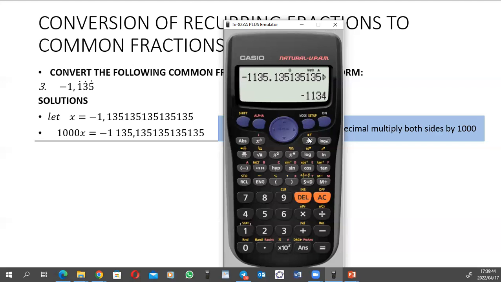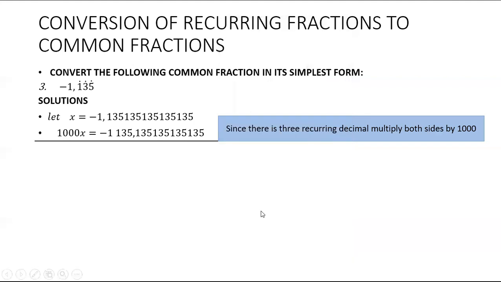It gives you negative 1,134. Then you divide both sides by 999. That'll be equal to negative 1,134 divided by 999. Simplified, it will give you negative 42 over 37. As a mixed fraction, it will give you negative 1 and 5 over 37.